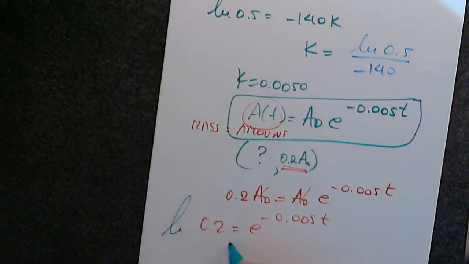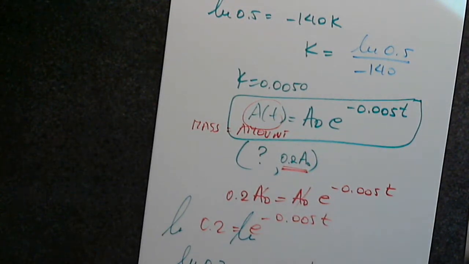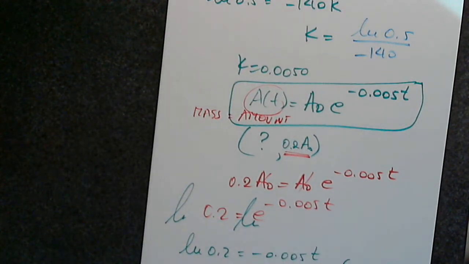So natural log 0.2 equals negative 0.005 t. Of course, t equals natural log 0.2 over negative 0.005. Always think in terms of the point, and always remember the y is the y and the x is the x coordinate. Any questions?